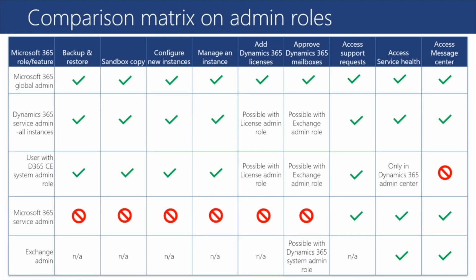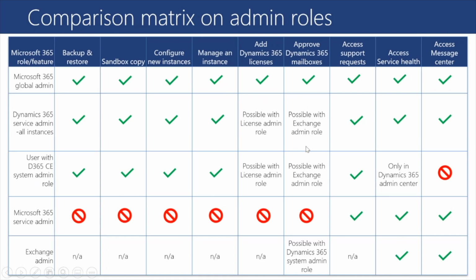Let's see which role can perform what from the Dynamics 365 customer engagement point of view. Okay, so first we have the global admin. Basically, this particular user can perform all admin tasks. Okay, and Dynamics 365 service admin can also do almost anything except assigning licenses and approving emails.